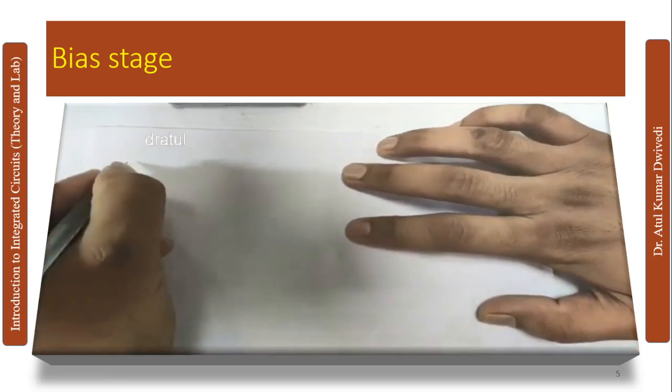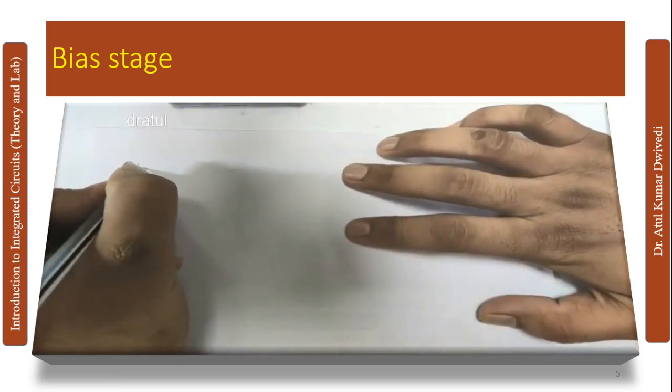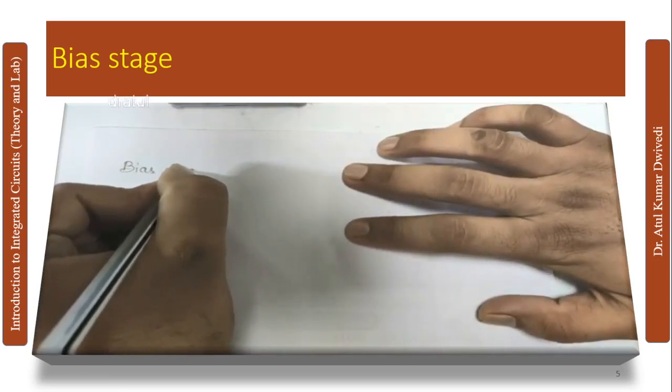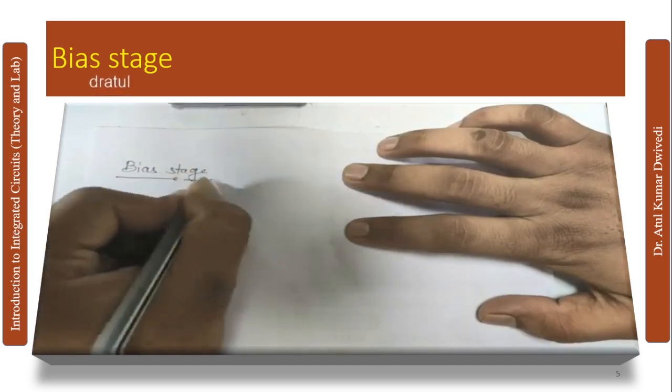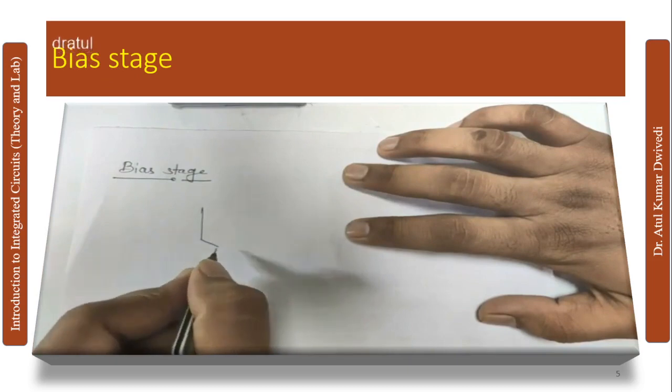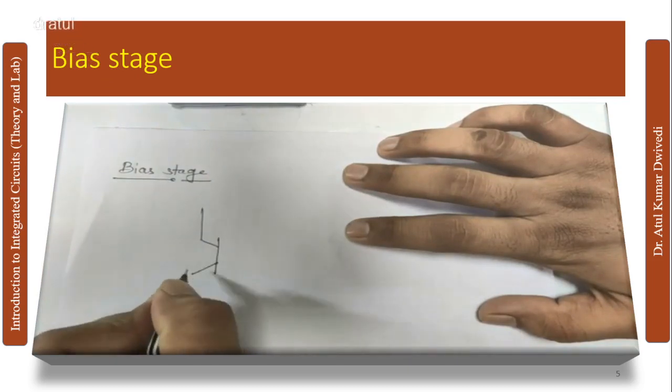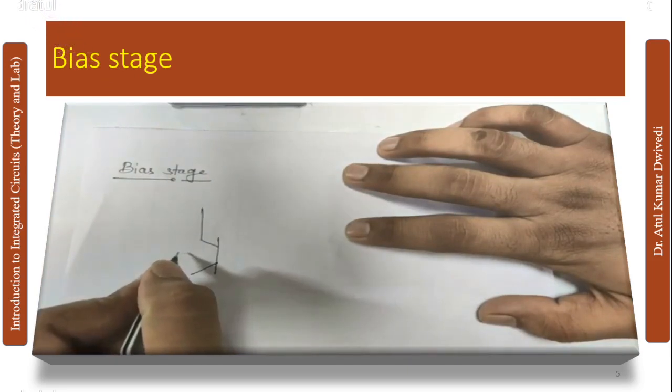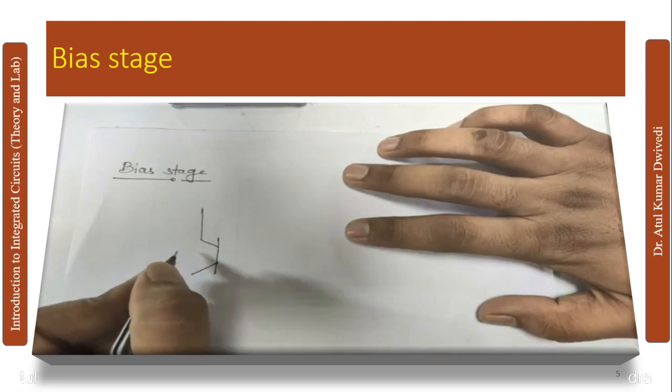Out of those, current mirror based biasing is the best biasing. So the current mirror is connected to the input stage to provide proper biasing.